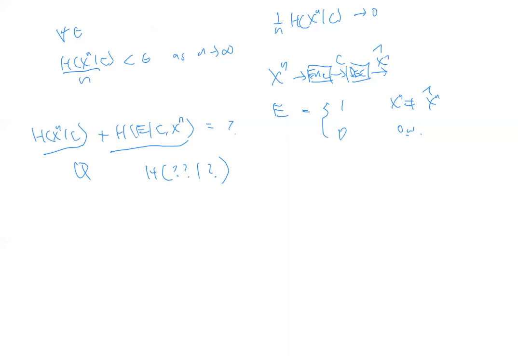Think always of what that means. Knowing C, this is the remaining information of Xn. Now, knowing both C and Xn, added with the remaining information of E. So these two added together will be what?